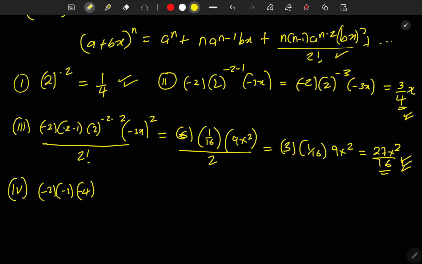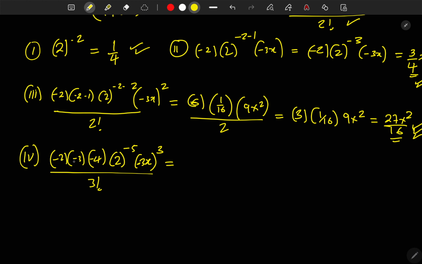Then we are going to have a, which is 2 to the power n minus 3. Now what is n? n is negative 2, so that will give us negative 5. Then bx, which is negative 3x, to the power 3 over 3 factorial. We're moving together.